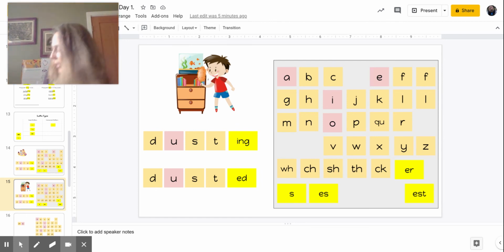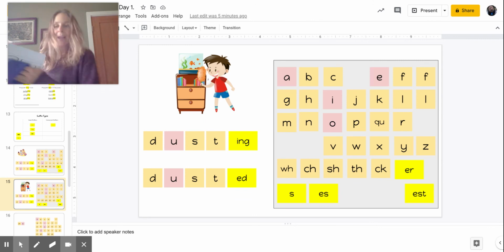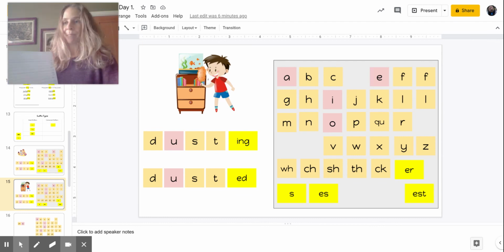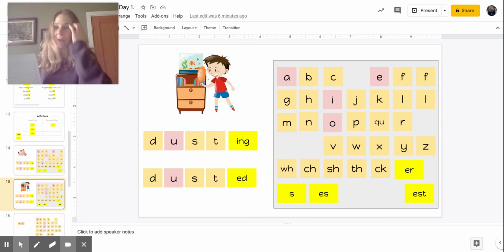So take that out. I'm going to add it on my whiteboard here. The first word we're going to add, I'm doing it on my whiteboard so it's easier for you guys to see, is the word filling. We're going to put that under the ing section. Filling. So let's tap out that base word. Fill. Fill.